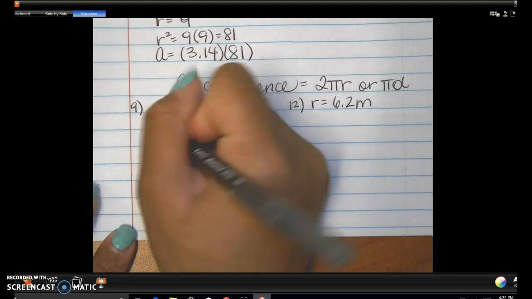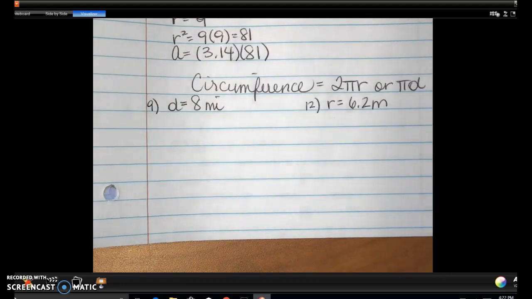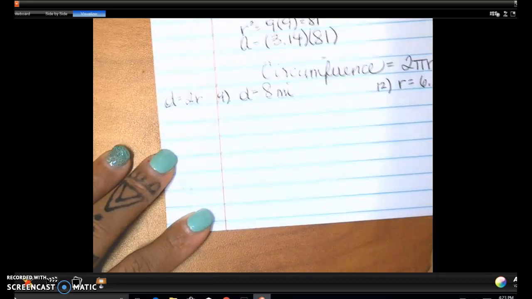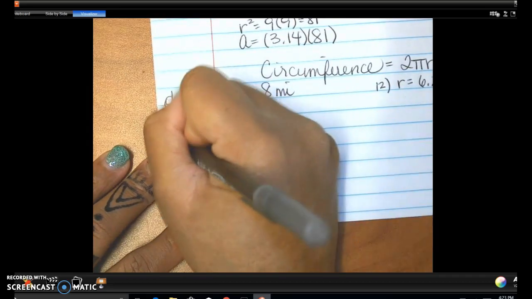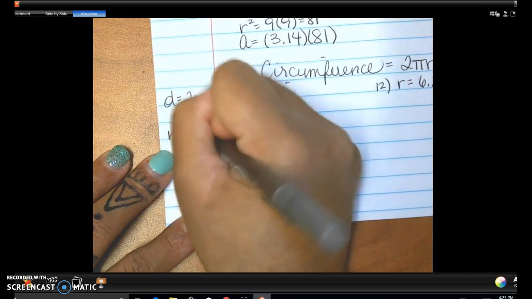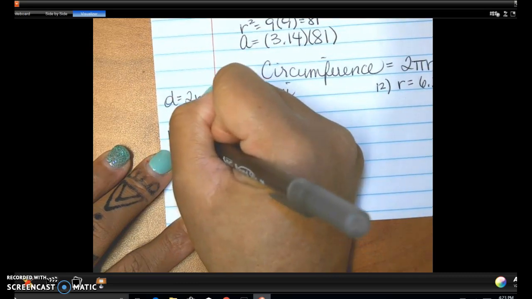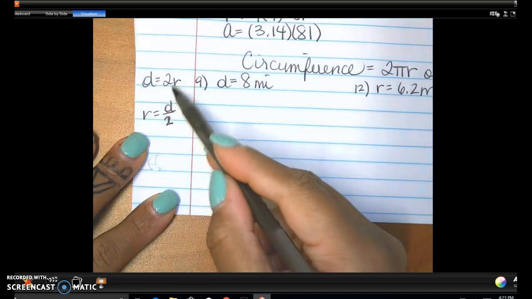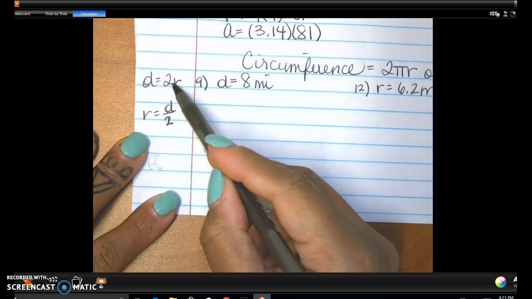The relationship between diameter and radius is that diameter is 2 times the radius. This should be in your notes. And radius is half the diameter. Diameter divided by 2. Okay? Opposite of cutting something in half is multiplying it by 2 or doubling it.